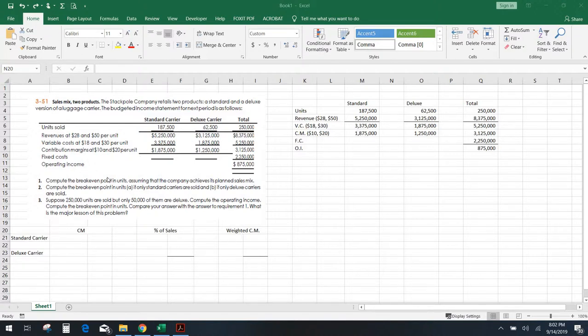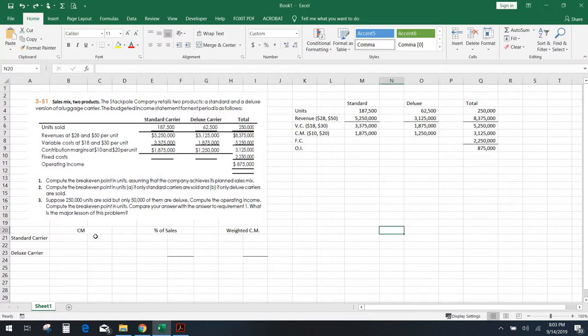It wants us to compute the break-even point in units, assuming that the company achieves its planned sales mix. Okay, so in order to get to the break-even point, we want our operating income to be zero. So all we have to do is figure out how much we have to sell in order to cover that fixed cost.